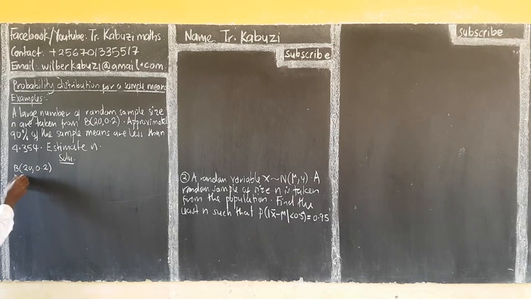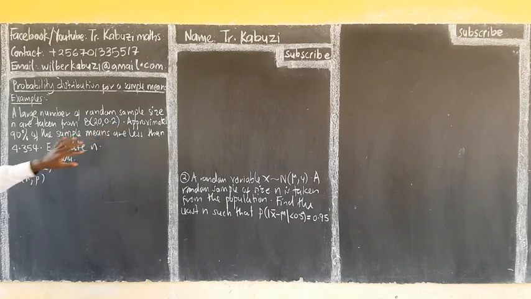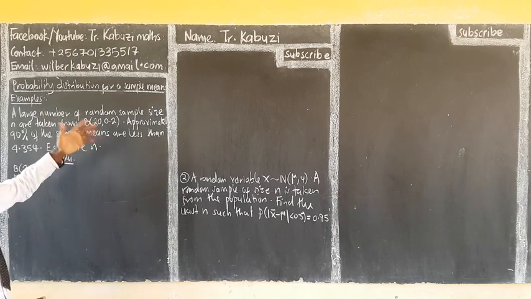Remember our binomial is given by n, p, where p is the probability of success and n is the number of trials. So what they are giving us is this so that we can easily read our expectation. Approximately 90% of the sample means are less than this estimate A. Now from here, we say that the mean of the sample means is the same as the mean of the population.